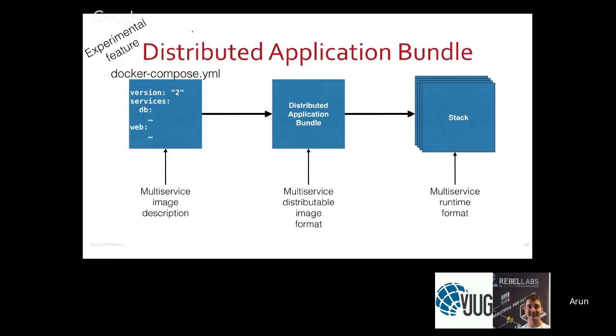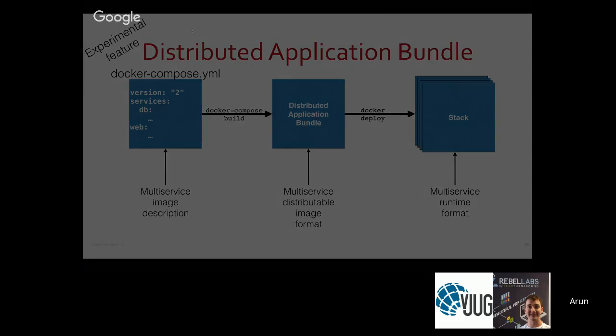Those could then be deployed as a stack, which is a multi-service runtime format. The way it works is you say Docker Compose build, and that gives you a DAB. Then you say Docker deploy, and it gives you a stack, and those services can scale. I won't go into the detail here. It's an experimental feature, but something I've played around with, and I think it's worth looking at, because that's the future direction where Docker is headed.